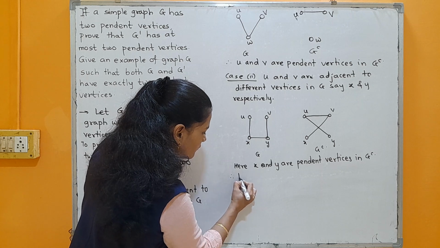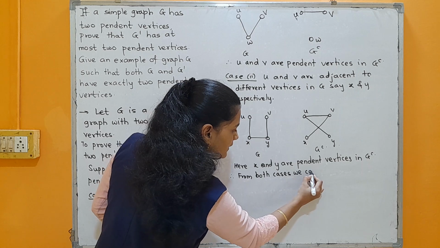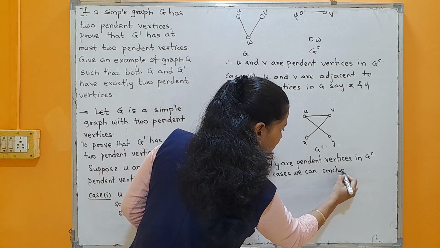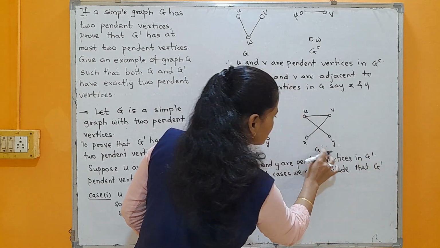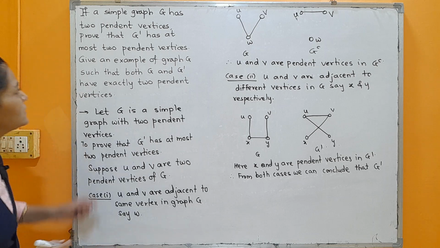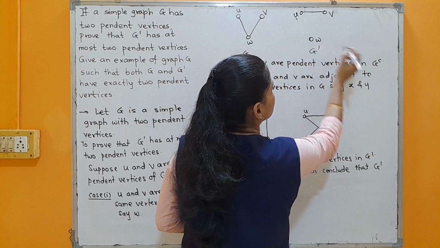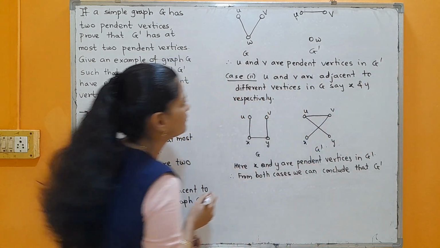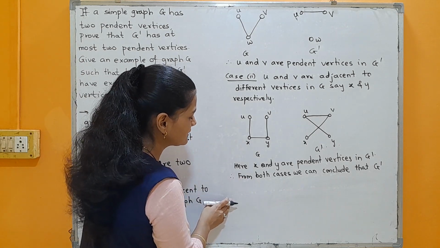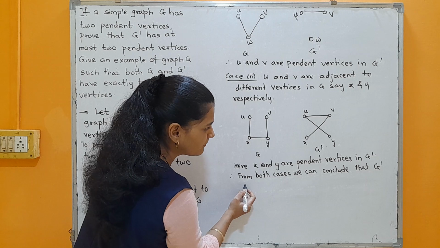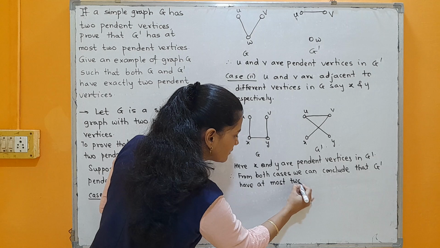So I am writing here, therefore from both cases we can conclude that G dash, because in the statement they have given G dash for G complement. U and V are pendant vertices in G dash, and X and Y are pendant vertices in G dash. So from both cases we can conclude that G dash has at most two pendant vertices.